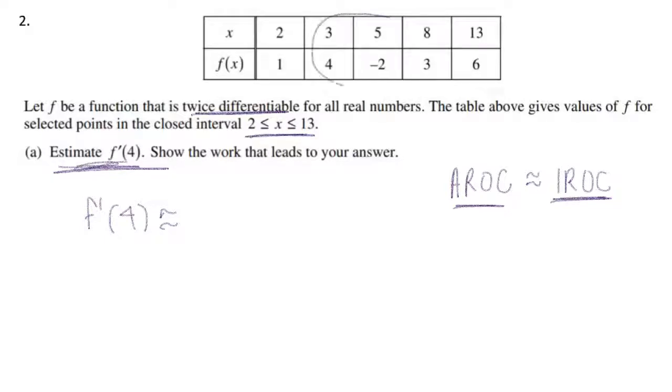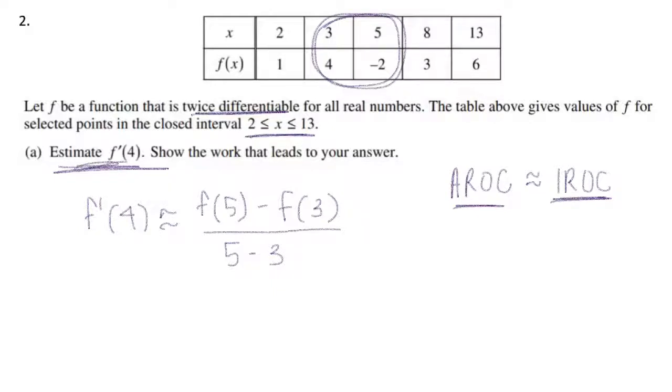Well, 4 is going to fall between 3 and 5, right? All right, so let's see. We need to show our work that leads to our answer. So F prime at 4, well, that's going to be our slope formula, F at 5 minus F at 3, all over 5 minus 3.